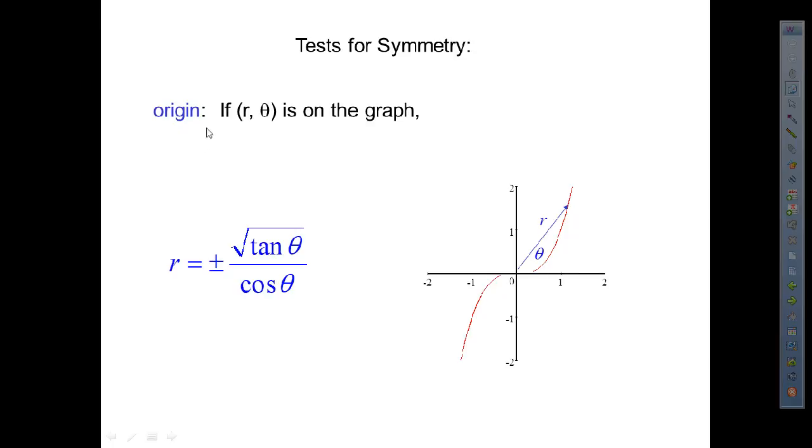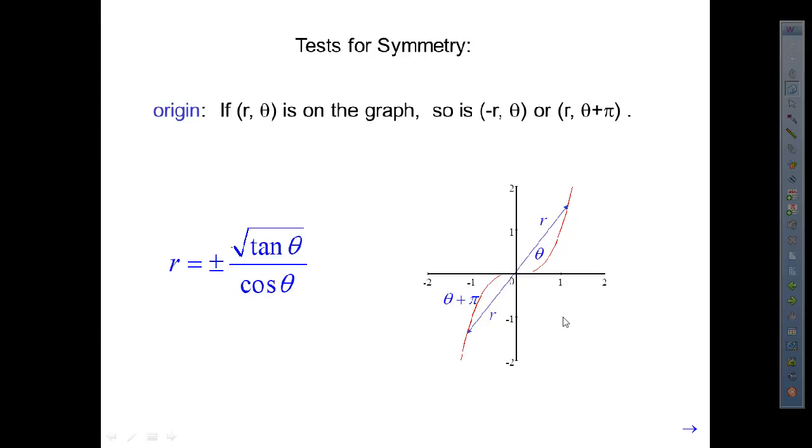All right, and then we have origin symmetry, which says if r, theta is on the graph, so is negative r, theta, or r, theta plus pi. And keep in mind, both of these are the same way we were looking at with the previous one. These are the same point. It's just two different ways of defining it. So if these things are true for all r, thetas, then you're going to have origin symmetry.